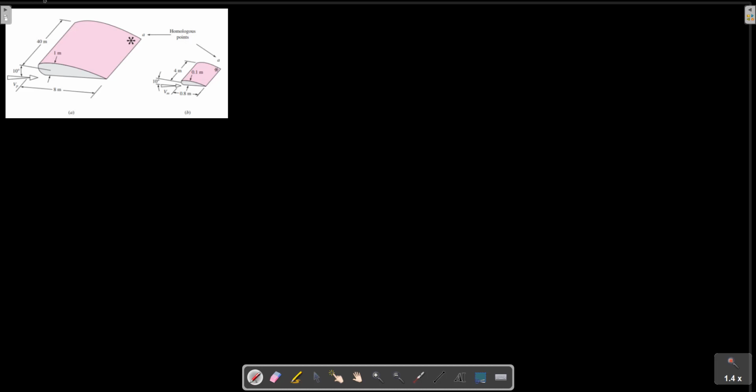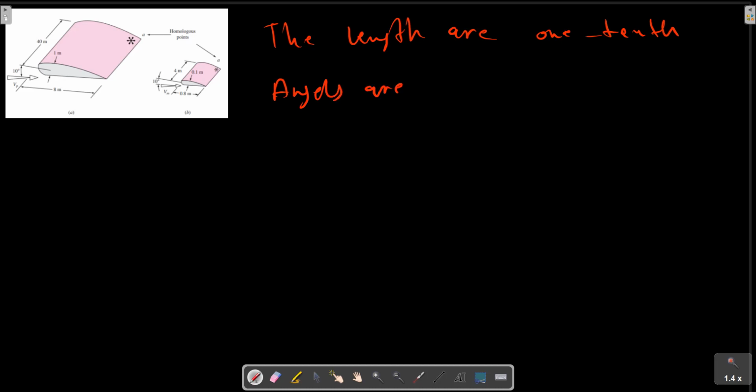So the lengths are 1/10 and the angles are the same relative to the stream.